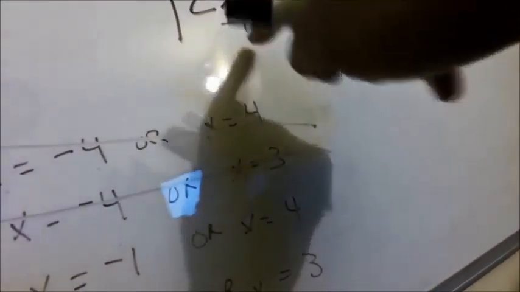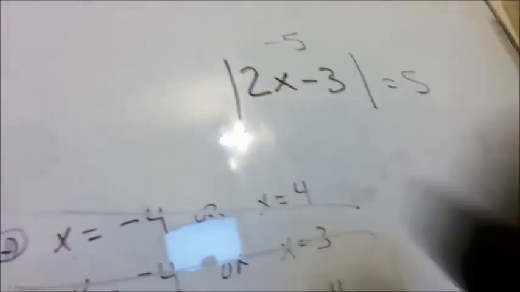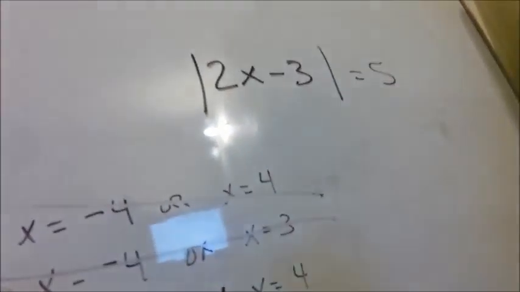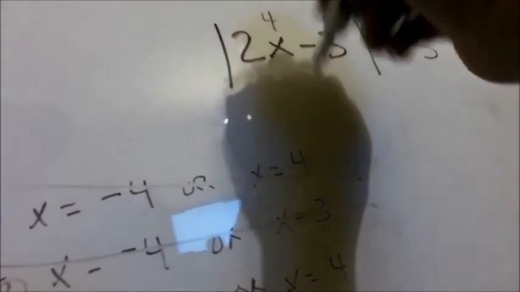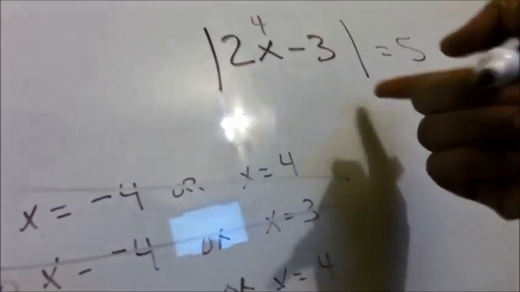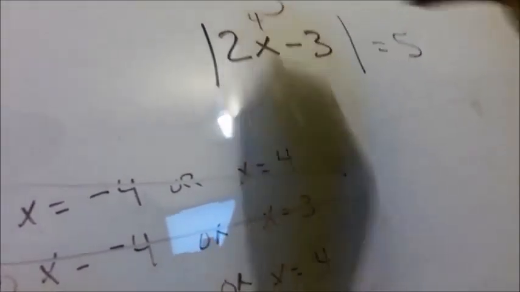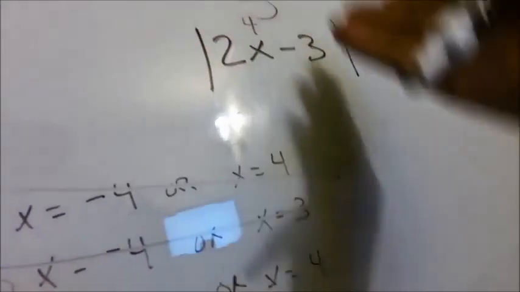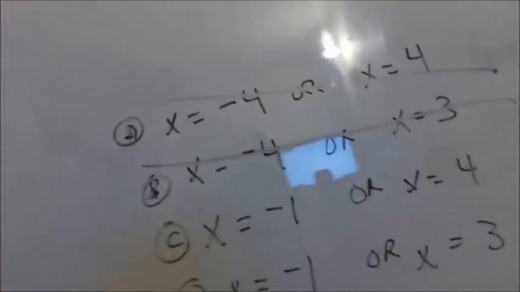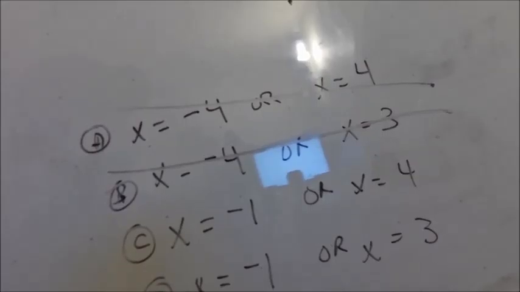And then if we take 4, again with my old sock, 2 times 4 is 8, minus 3 equals 5. So the absolute value of positive 5 equals 5. So C is the correct answer.